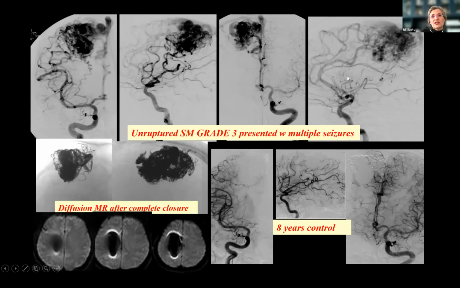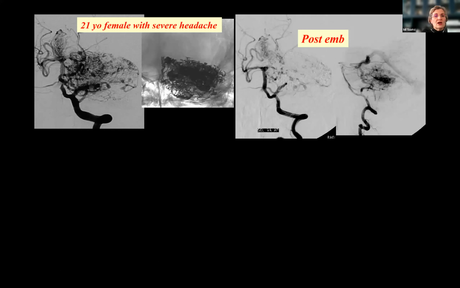We were able to finish such AVMs as well in one session, grade 3, unruptured. We were patient enough to occlude such an AVM with one injection only. You see the diffusion MRI after complete closure.